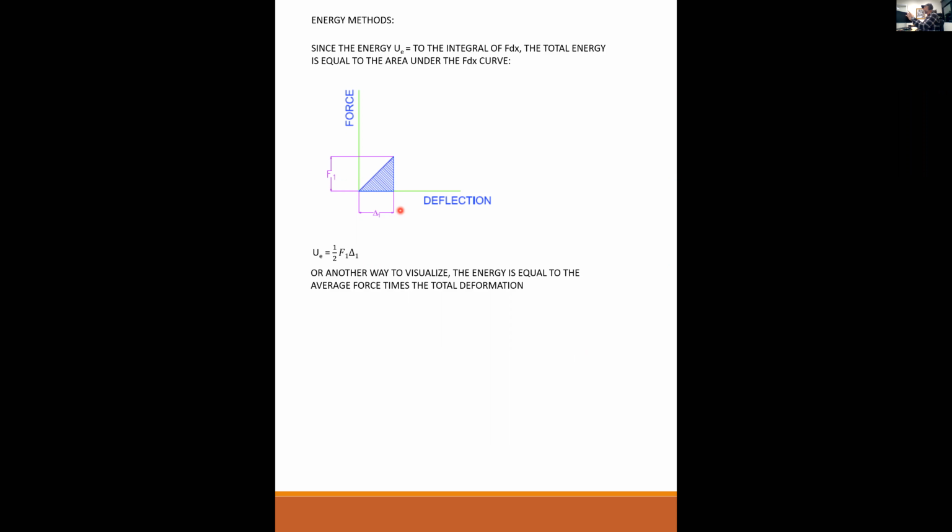You are actually applying the force gradually, and so the more force that is applied, the more deflection that you get. Halfway is the average force. So you can think of it as the area under the triangle, which is half the square, or you can think of it as the average force times the total deformation. The average force is half of the final force. Everybody okay so far?